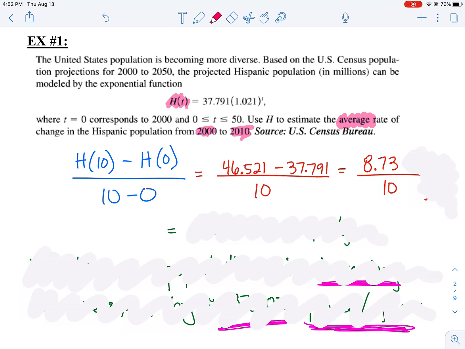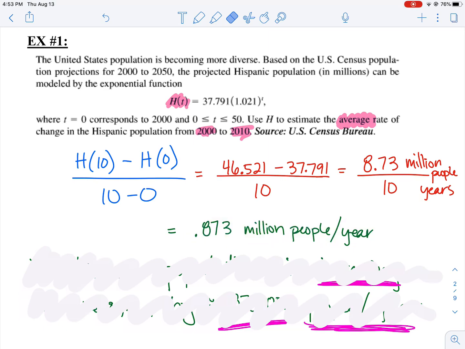And what did the 10 represent, the 0 and the 10? Well, the 10 represented the number of years. And so my labels should really be millions of people per year. So when I divide and I end up getting 0.873, that really means 0.873 million people per year.